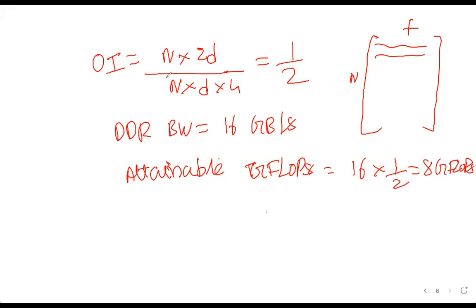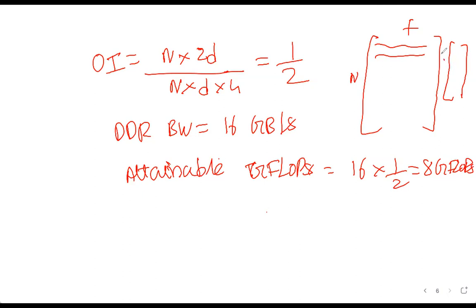The attainable gigaflops is such that you are not using your FPGA at all, which is sad. In fact, if you see this whole operation, your query vector is an f by 1 vector, and you are multiplying your matrix with it.